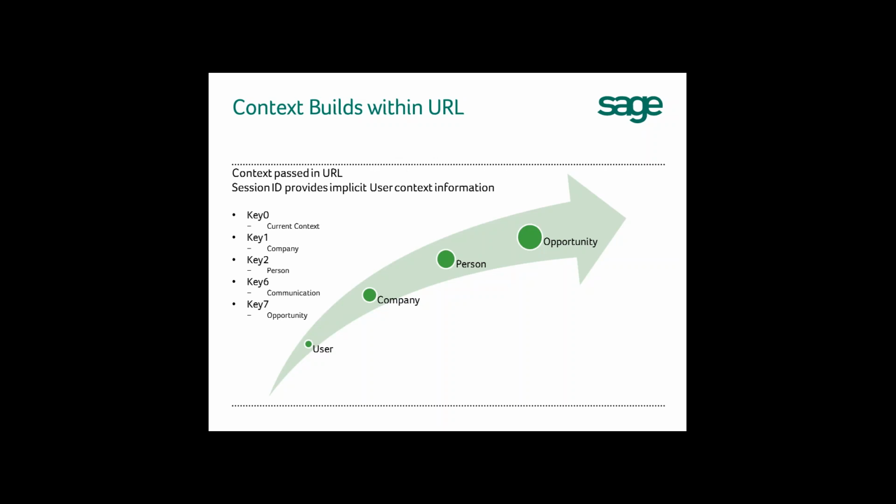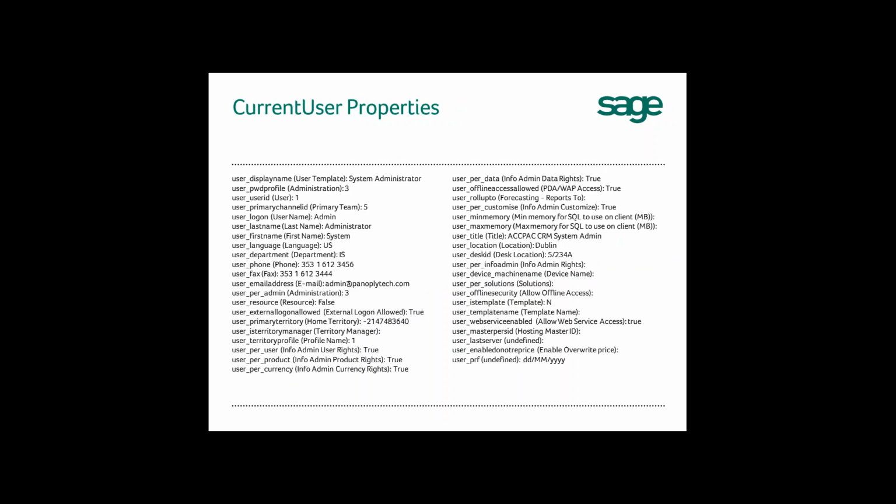I can reference anything that is in context, anything that is provided by the URL. And the most important point of reference is which user is logged on, which user is doing this work, and that's provided by the idea of the current user property.